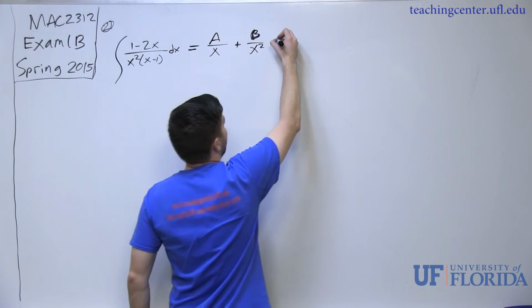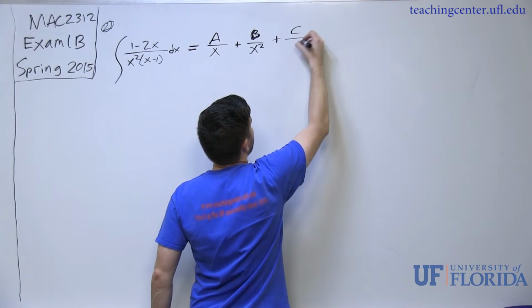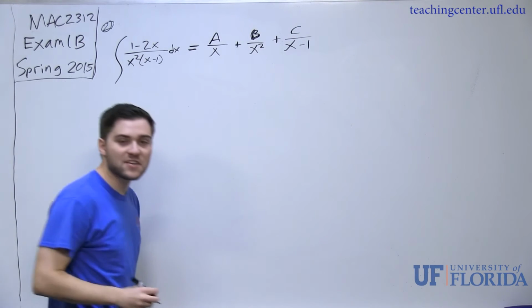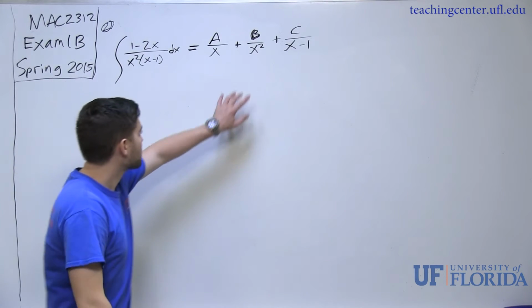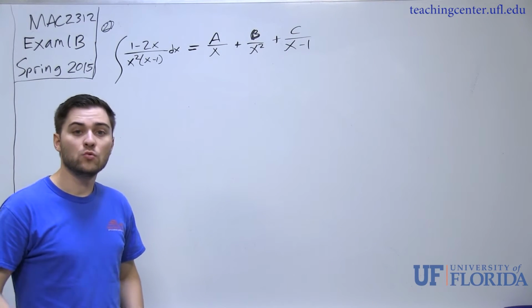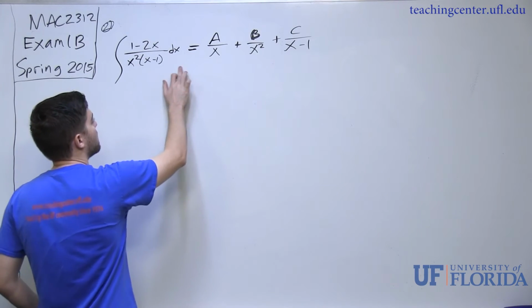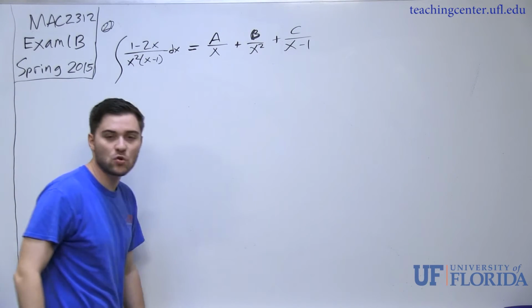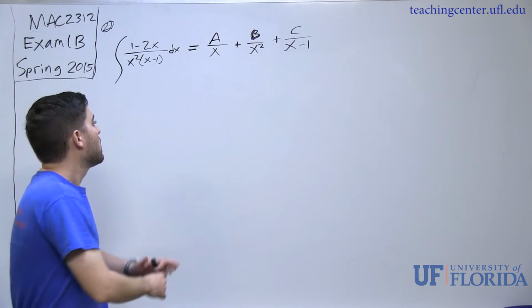Then this term has its own little term associated with it, and that's just c over x minus 1. I have 3 terms. Now I need to apply partial fraction decomposition and solve for a, b, and c.